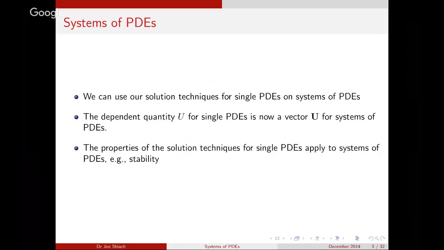We can model quite simple phenomena using single PDEs, but systems of PDEs is where the interesting stuff really comes in. We can use all of those techniques which we've learned about over this term for systems of PDEs.